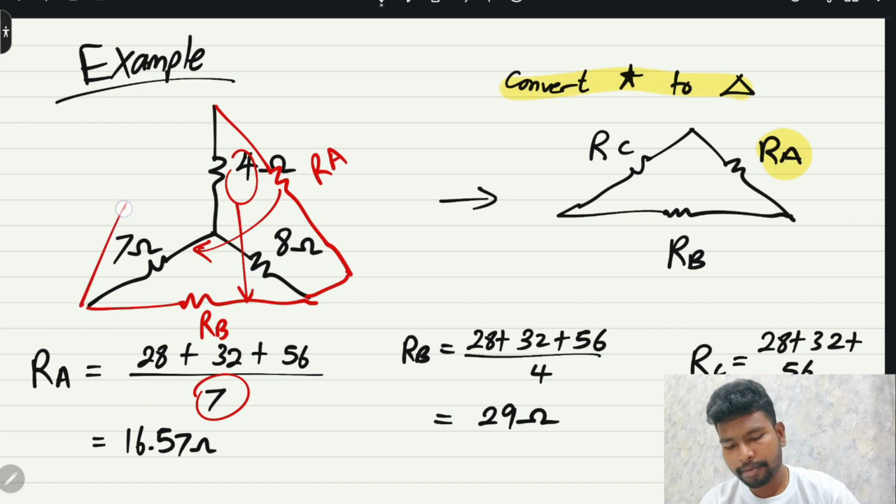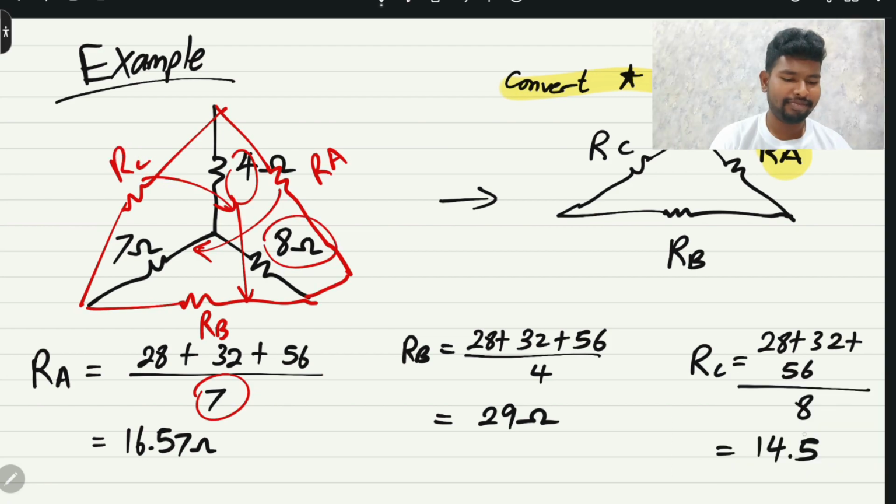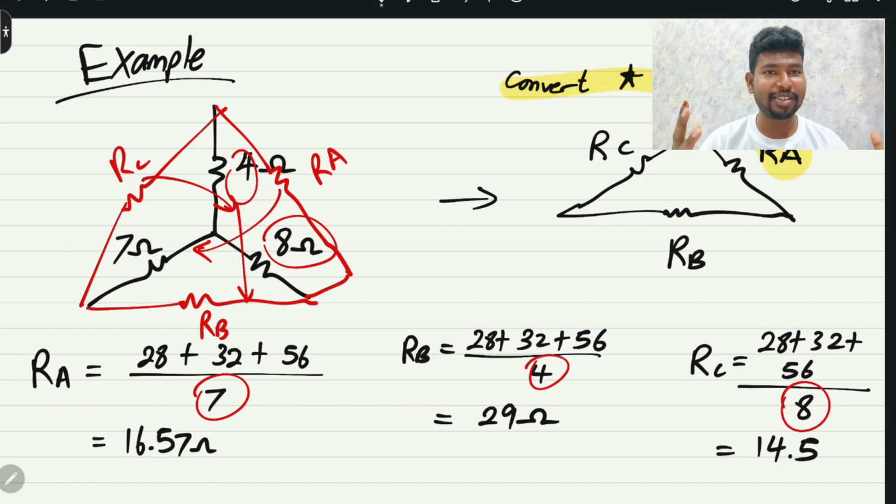For RC, the opposite will be 8 ohms. Simple, isn't it? That's the concept. If you feel confused, please pause the video, take your time and try these questions again and again until you understand.